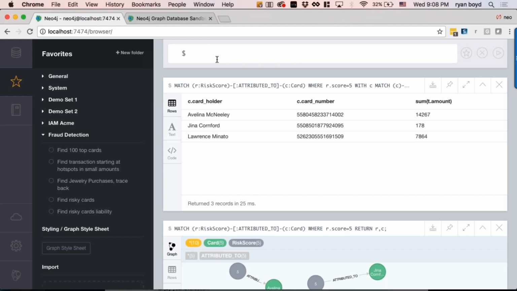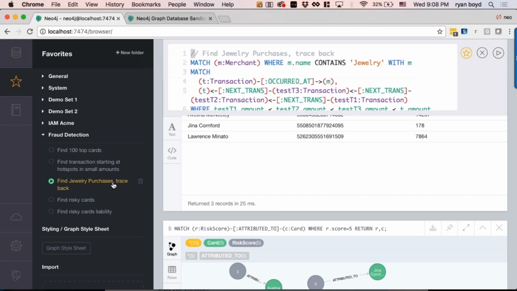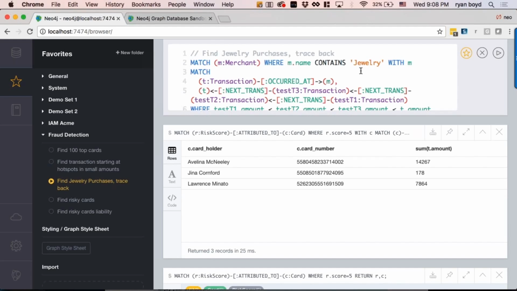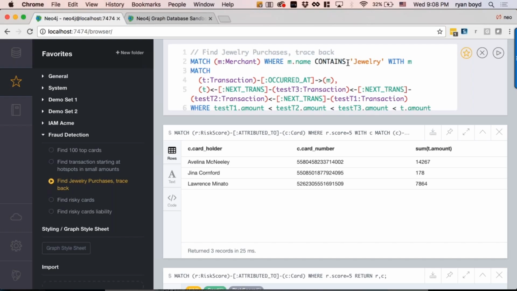Now, we found our risky cards, and we found the liability of those risky cards. We talked about the transactions starting at the hotspots in small amounts and leading up to a potential big purchase that we want to block. Now let's look historically. If we have our jewelry purchases, let's look at the patterns of activity that led up to those jewelry purchases. So in this case, we're going to find merchants whose name contained jewelry.